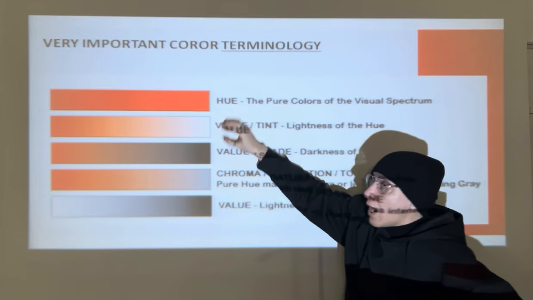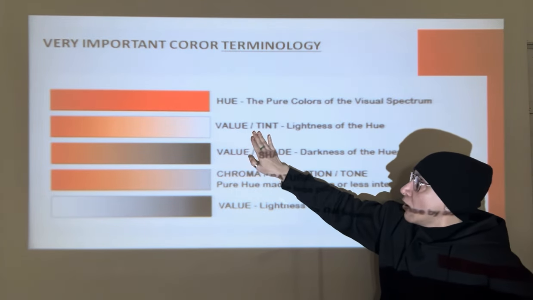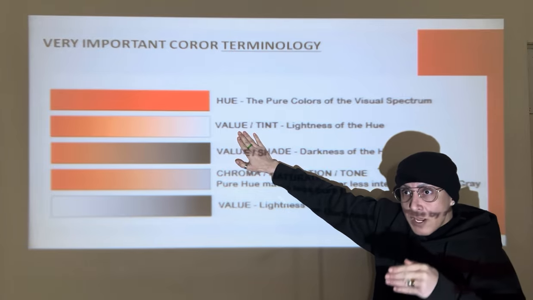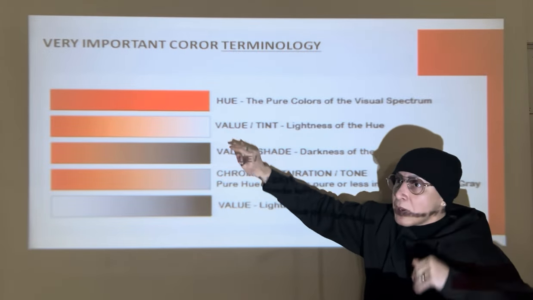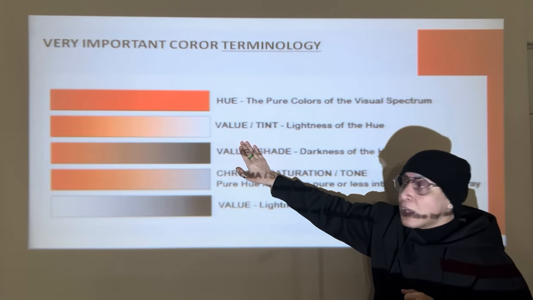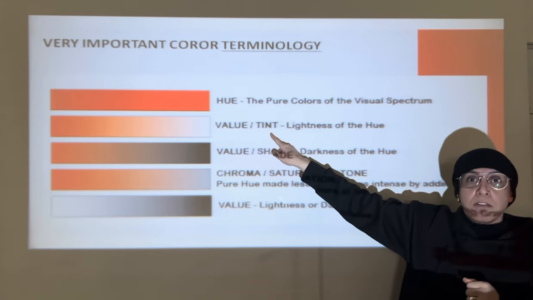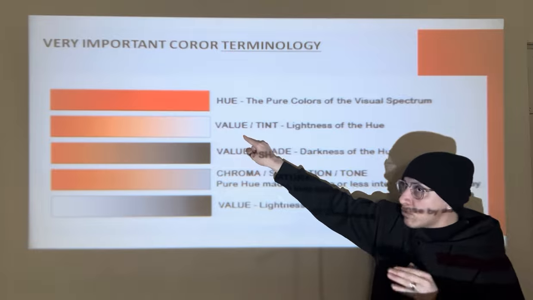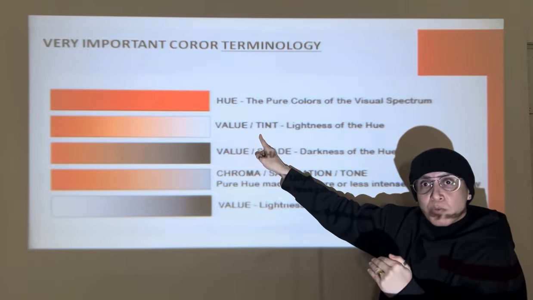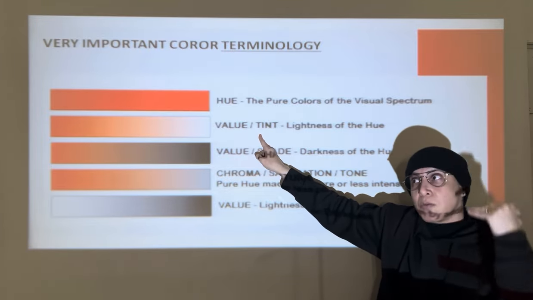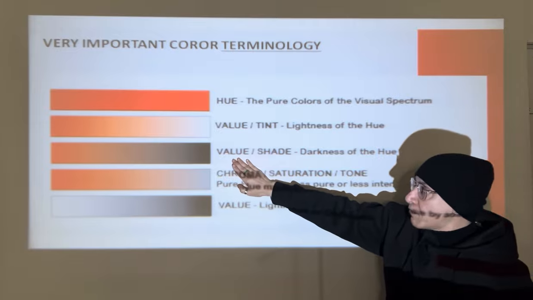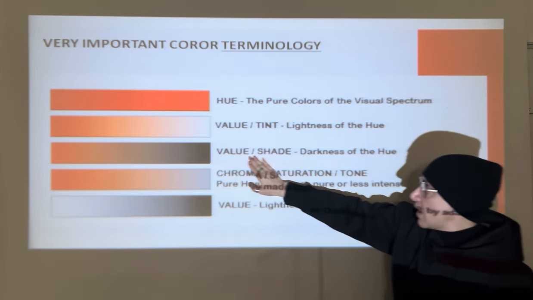So the hue, how light, how dark it is. When we mix white, the more white we put, the lighter it becomes. But this also means tint. You see the same meaning. So the value, the lightness, but when we talk about lightness, we are adding, for example, white, so it means the same. Here, value.